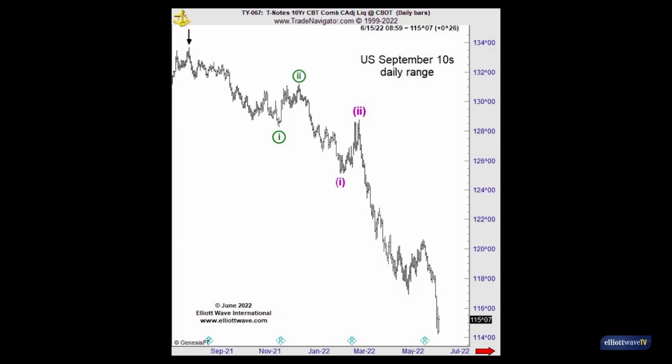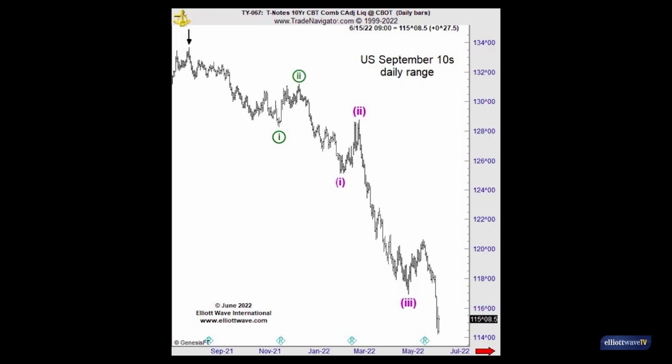And we know that because third waves within impulsive movements typically represent the extended wave, the strongest move in the sequence. And if we're counting within wave 3, 1, 2, that means we're counting a third of third wave, so it should be stronger still.